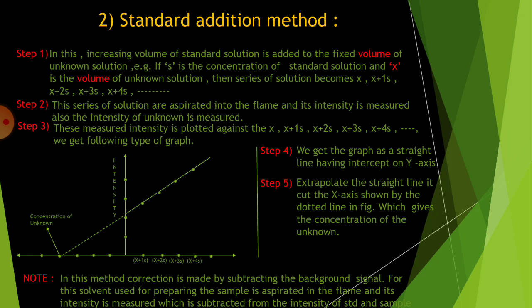Note, in this method, correction is made by subtracting the background signal. Now, how are we going to calculate the background signal? For this, the solvent used for preparing the sample is aspirated into the flame and its intensity is measured. This intensity is subtracted from the intensity of the standard and sample.